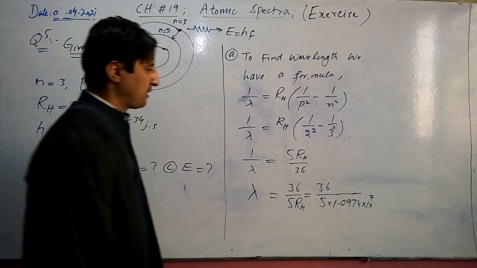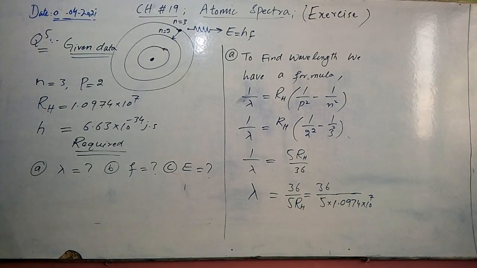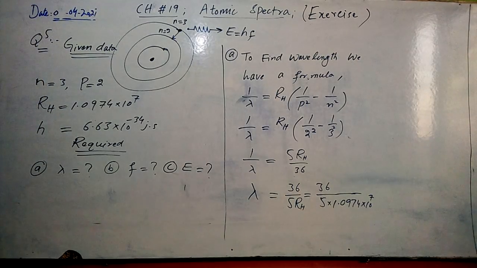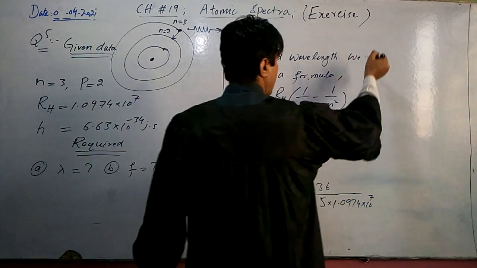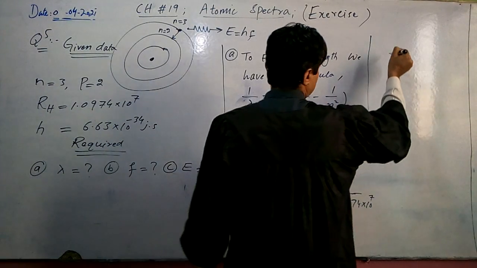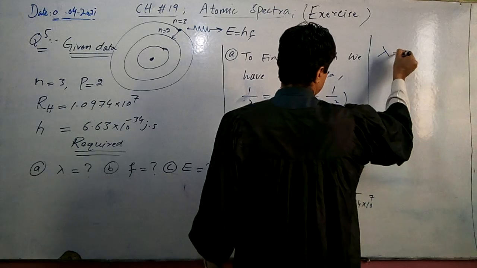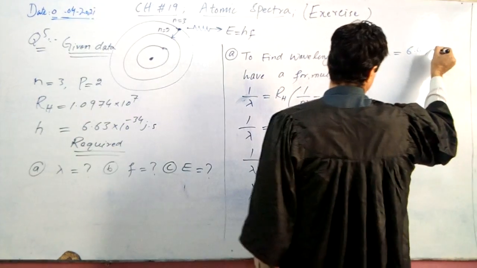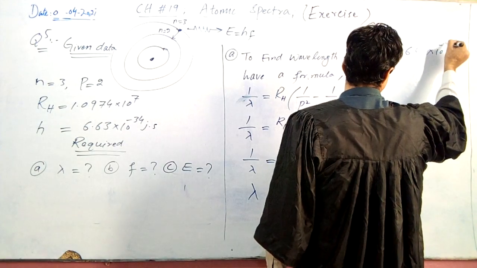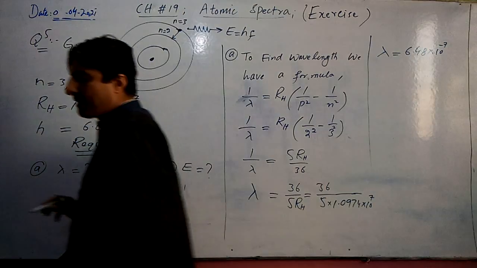Now by calculating this value, we will get lambda is equal to 6.48 multiplied 10 power minus 7. Let me write it here. Lambda is equal to 6.48 multiplied 10 power minus 7.